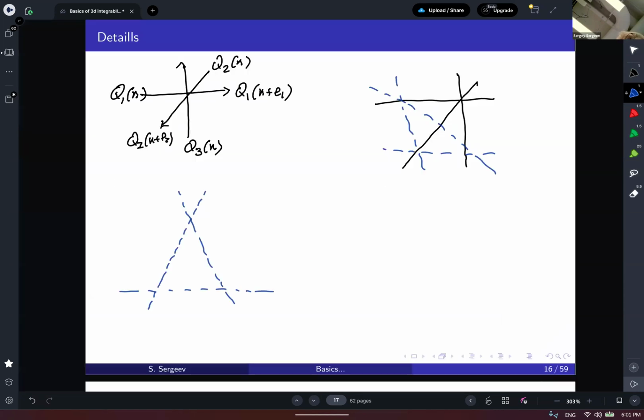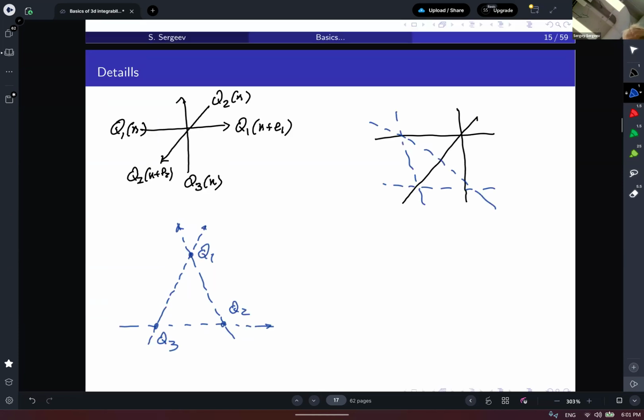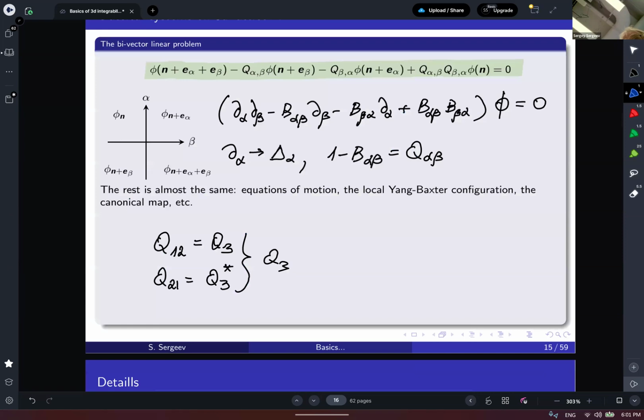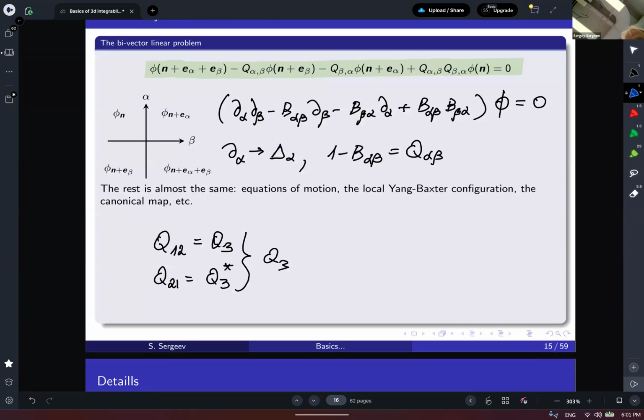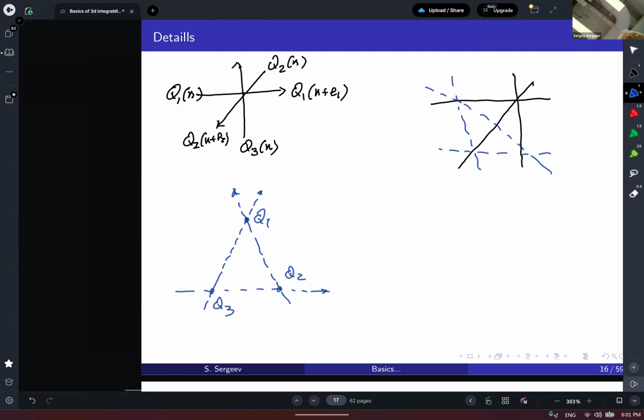So that's the auxiliary plane, a section of the cubic lattice. Q1 sits here, Q2 sits here, Q3 sits here. Also, we can draw the orientation. But now the auxiliary variables phi are scalars. They belong to the faces of the auxiliary lattice.